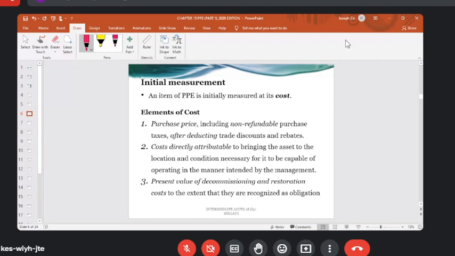We have purchase price, including non-refundable purchase taxes, after the deduction of the discount and rebates, and then plus direct costs that bring the asset to the present location and condition, and then plus, kung meron tayong dismantling costs, okay?